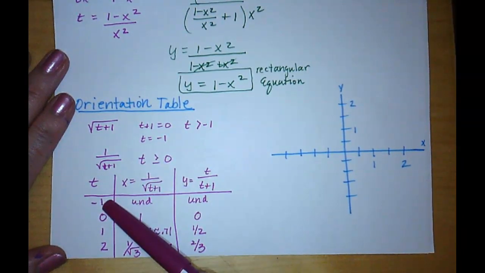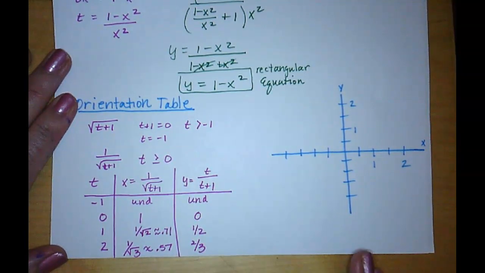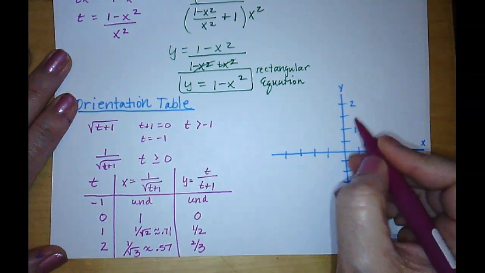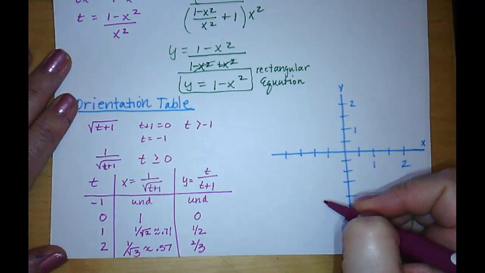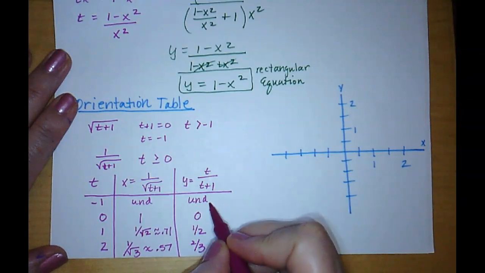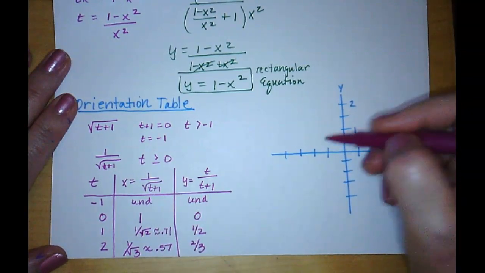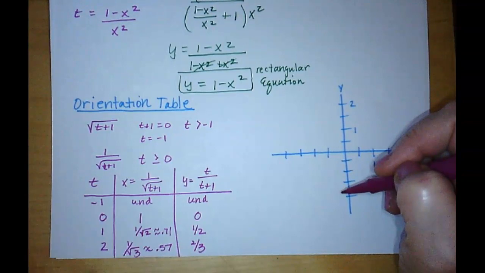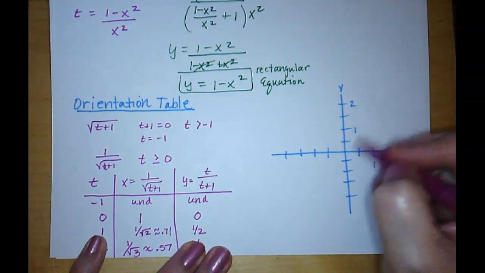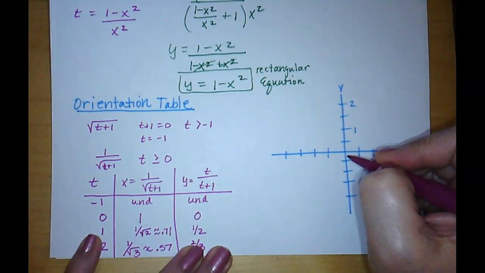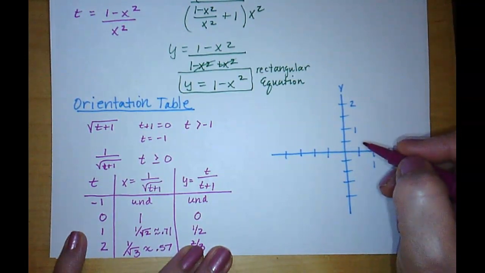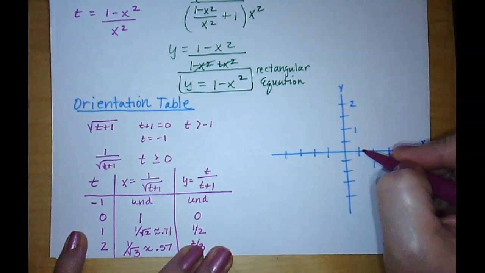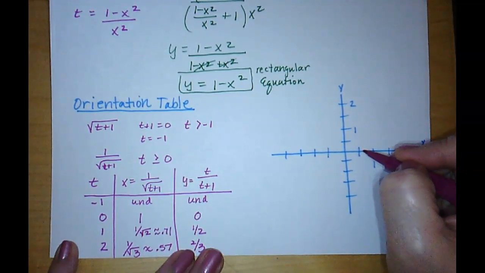Well, what does it mean when we have -1 is undefined? Well, that means when we're here at -1, there's no graph, right? There's nothing in the y's, there's nothing in the x's, so at -1 there shouldn't be anything. At the point 0, or time 0, excuse me, then I'm at 1, 0.